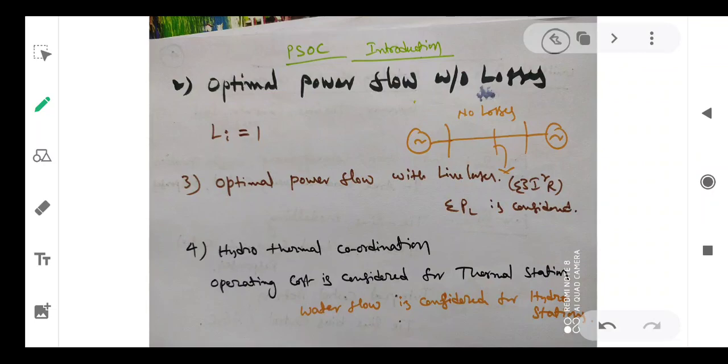In a nutshell, optimal operation comprises the first one unit commitment, second one optimal power flow without losses, third optimal power flow with transmission losses, the fourth one hydrothermal scheduling or hydrothermal coordination.